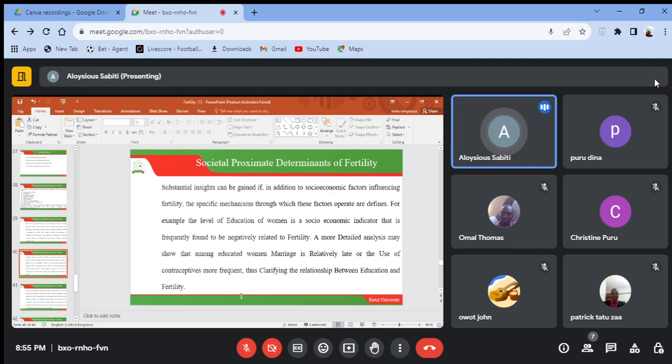The primary characteristic of an intermediate fertility variable is its direct influence on fertility. If an intermediate variable, such as the prevalence of contraceptives, changes, then fertility necessarily changes, assuming that the other intermediate fertility variables remain constant.